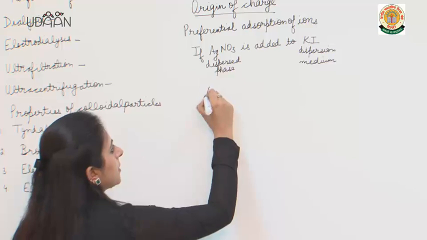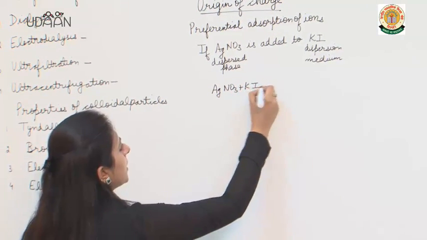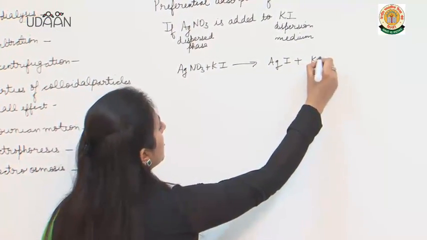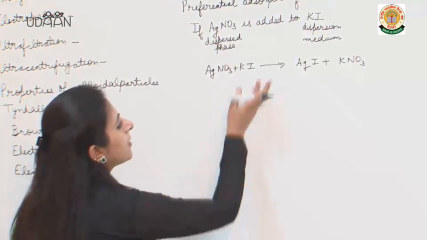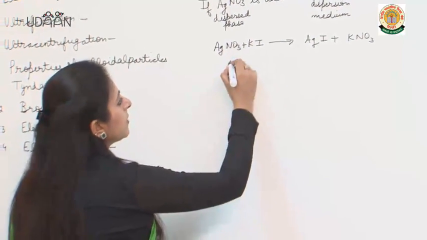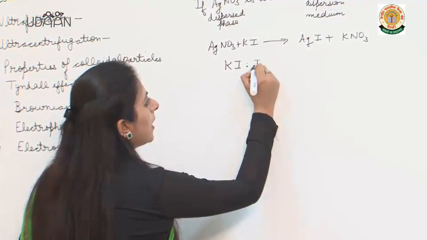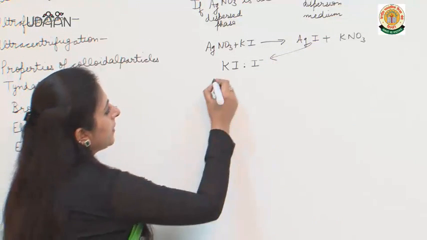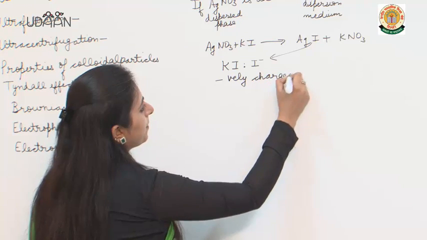You will get AgNO3 plus KI, it will give AgI plus KNO3. Now, what will happen is that since this is the dispersion medium, KI will preferentially adsorb I minus from AgI, and I will get a negatively charged sol.